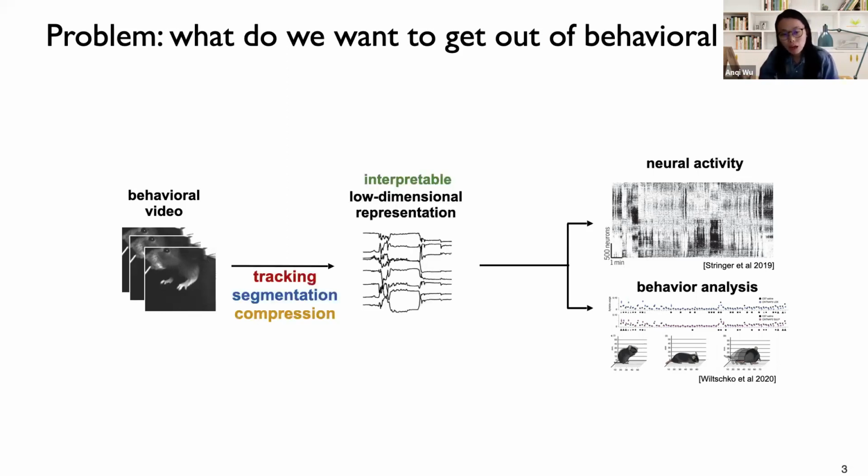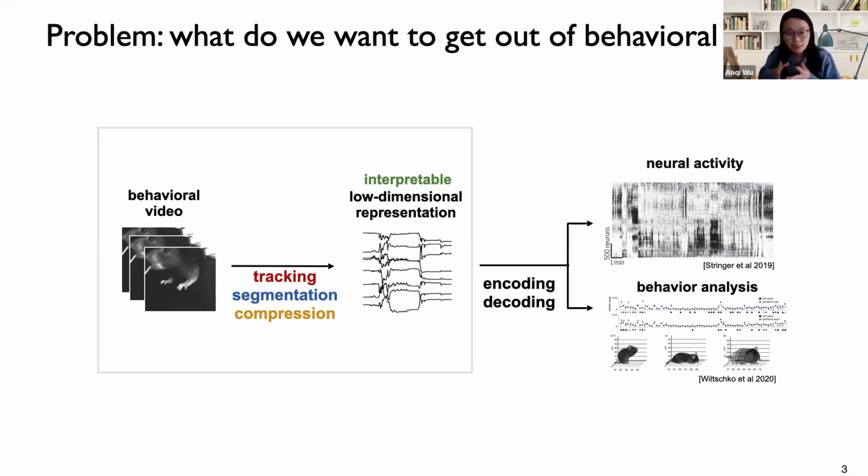So typically, we want to start by extracting meaningful information from these videos by finding an interpretable low-dimensional representation via algorithms such as pose tracking, behavior segmentation, and video compression, right? And then we can decode meaningful descriptors of behavior and have more interpretable decoders or predictors for neural encoding models in the downstream analysis. But in this talk, I'm only going to focus on the first step of this whole behavioral analysis pipeline.